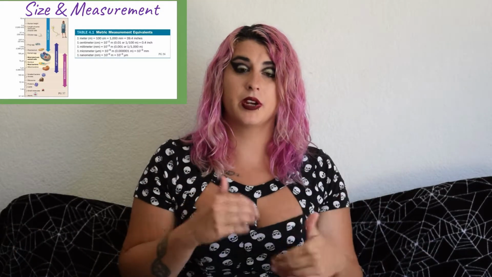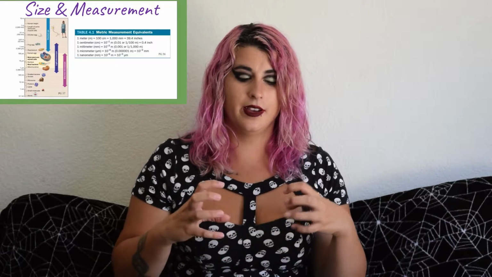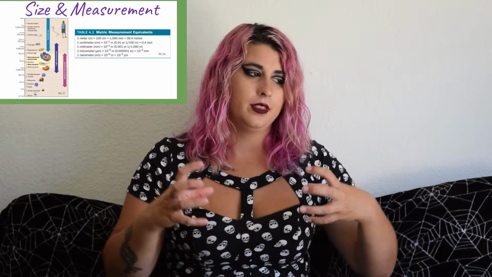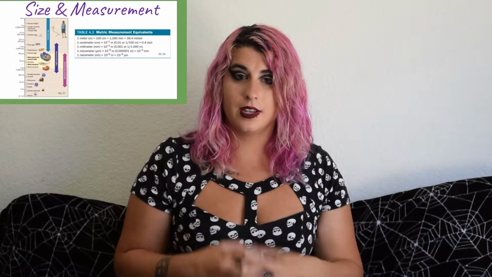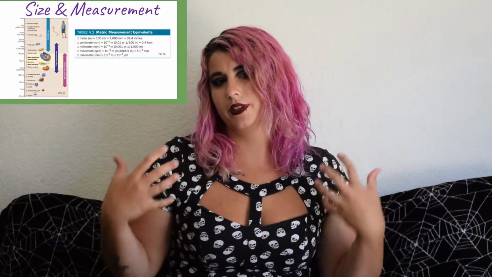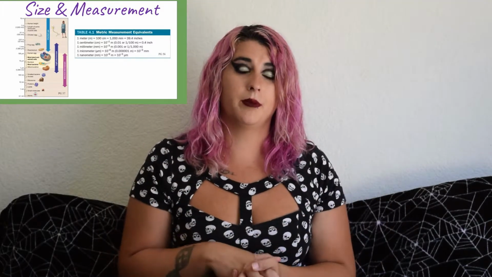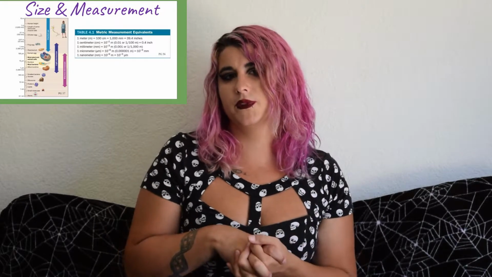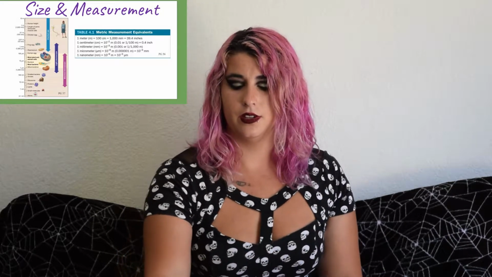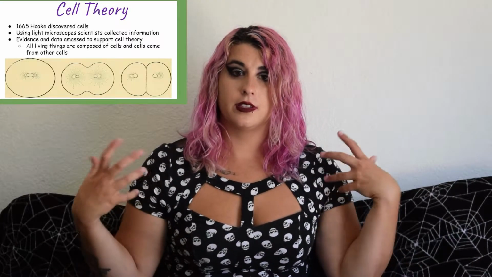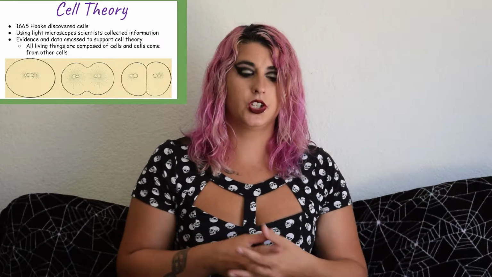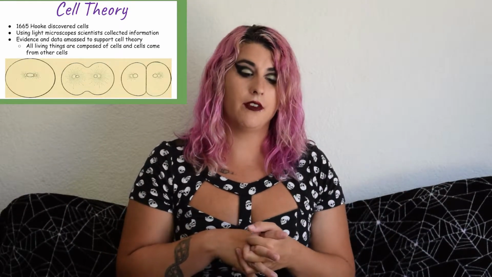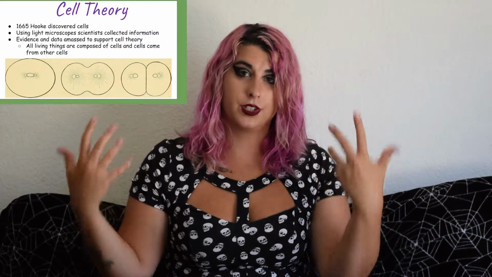So we use these microscopes to get down to the very small levels and see the details. And without these microscopes, we wouldn't really know that living things are made up of cells. And we wouldn't have cell theory, which in 1665, Hooke discovered cells.